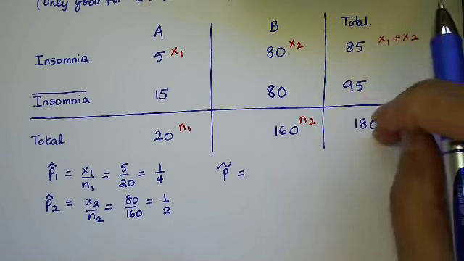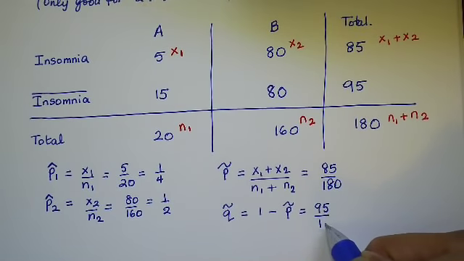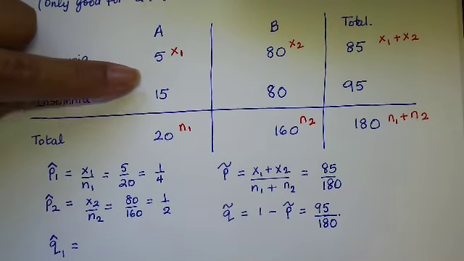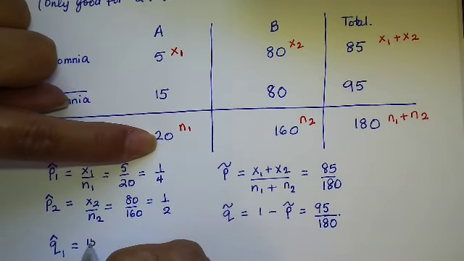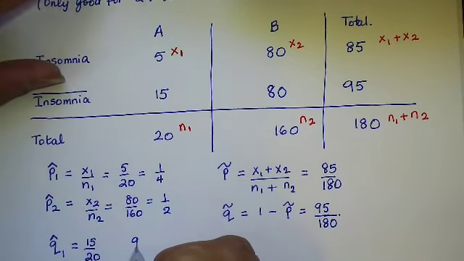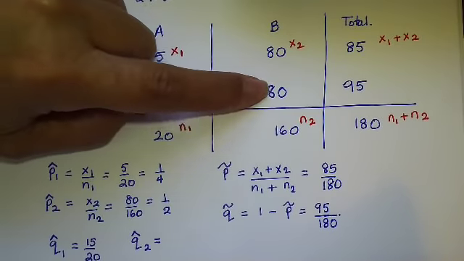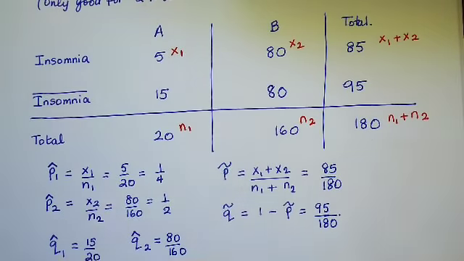And therefore its complement, Q tilde, is 1 minus P tilde, which is equal to 95 over 180. And by the way, Q1 hat would be the probability of failure, which is 15 over 20. And Q2 hat would be the probability of failure here, 80 over 160.